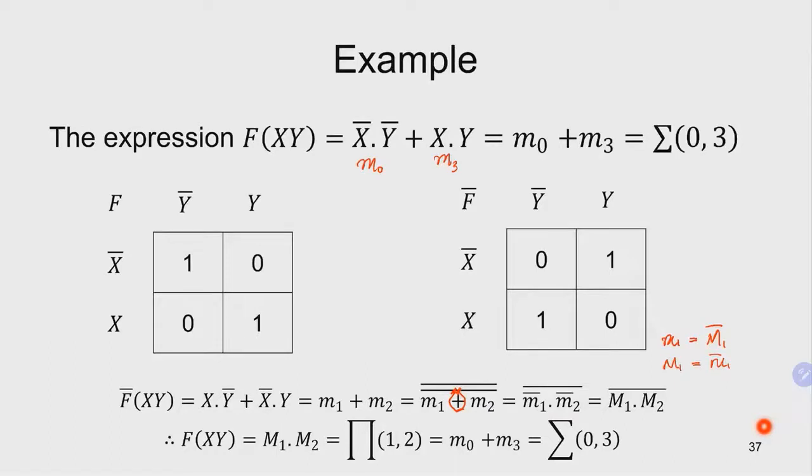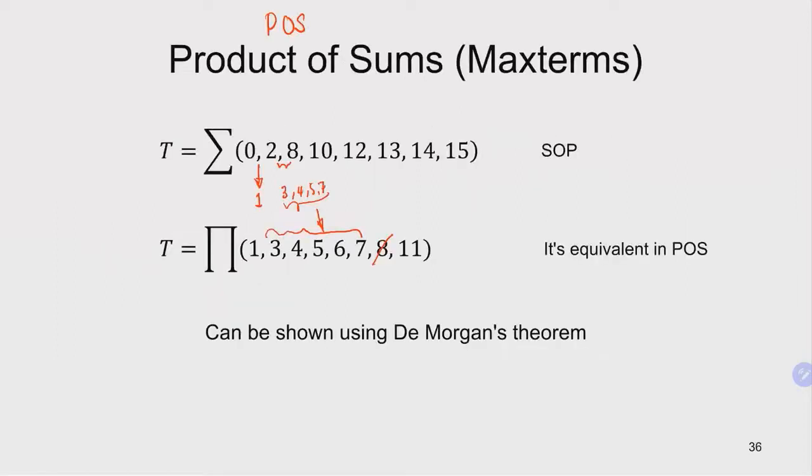So we show that if we have missing minterms in the sum of products, those missing terms will show up in the max terms if we use a products of sum. Okay, so that is another way of proving this relationship.